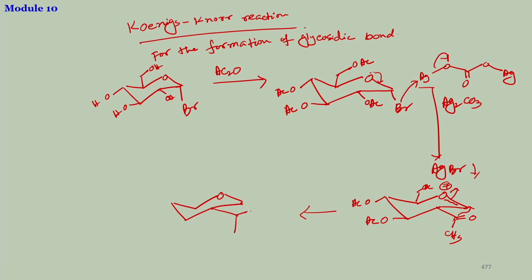So, basically here it will form a complexation, and this will be delta plus, of course, with CH3. This will be a positive charge over here, with OAc, OAc, OAc. So, that blocks the down side of the plane.